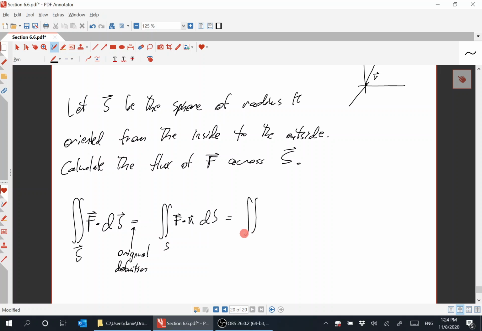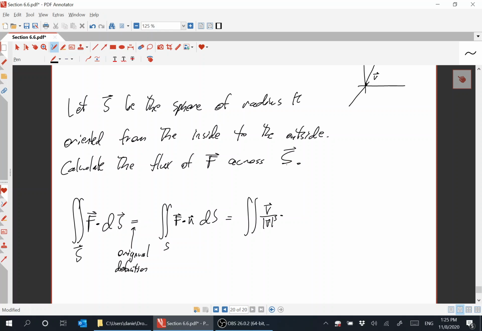So without ever actually having to find a parameterization, let's just write out what these vectors are. This is the vector v over the length of v to the third. That's what F was. What is the unit normal to the surface?